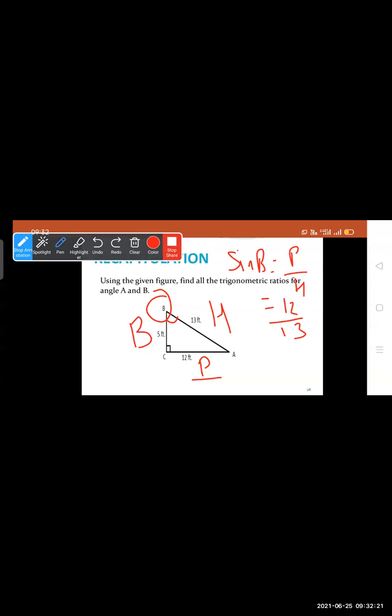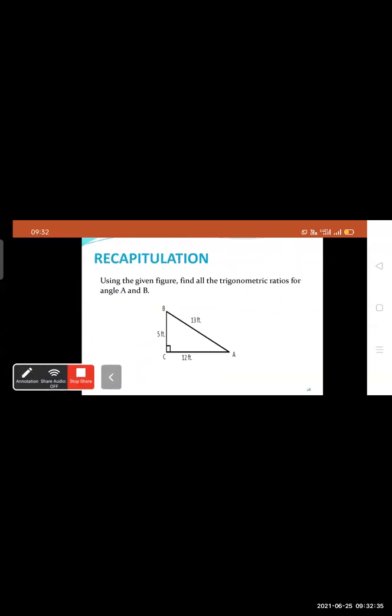Clear? Cos B is B by H, 5 by 13. Tan B is 12 by 5. And then take its reciprocals. So students, please take a screenshot of this question and you can solve it in your notebook.